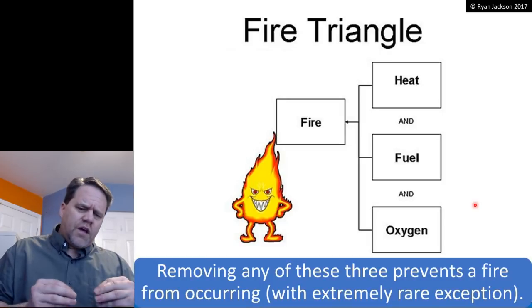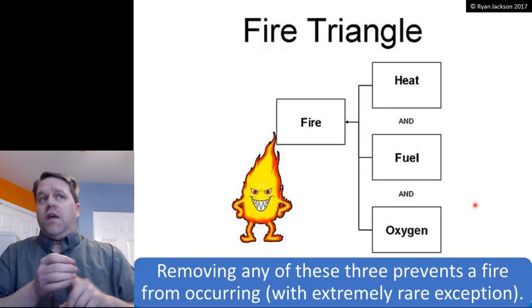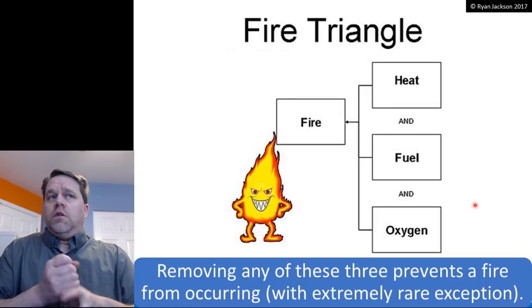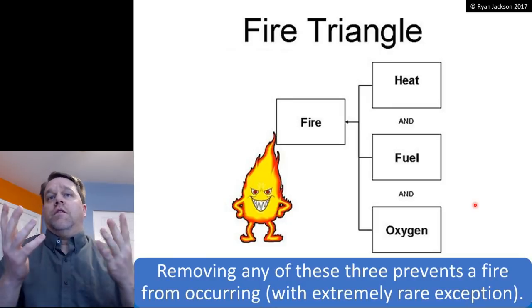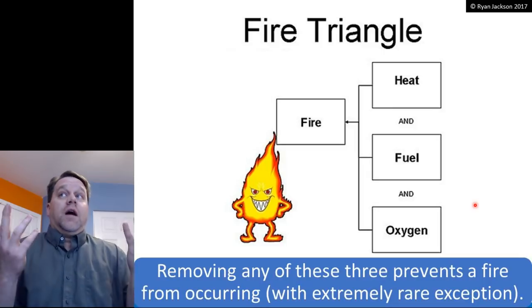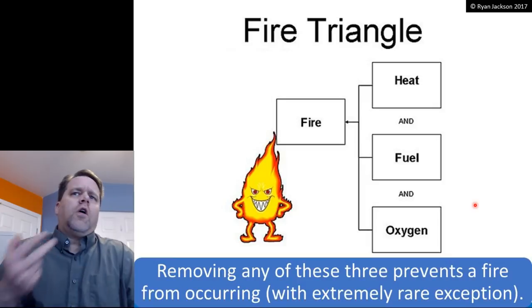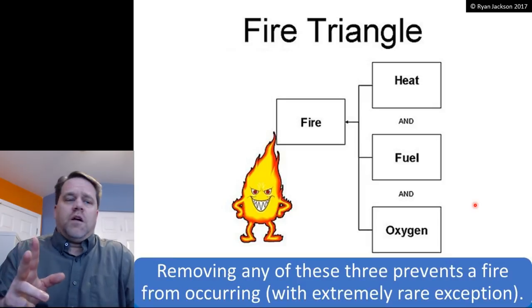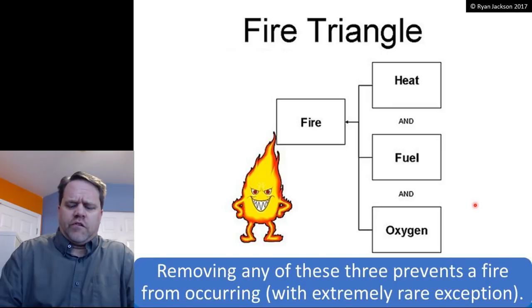Now, there are exceptions. You always need heat and you always need fuel. You don't necessarily always need oxygen to create a fire. I mean, you can have a fire in outer space, which is a vacuum, so how do you have a fire out there? Well, there are elements, chemical compounds, I should say, that are self-oxidizing, that are oxidizers.